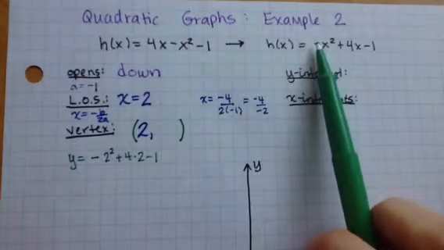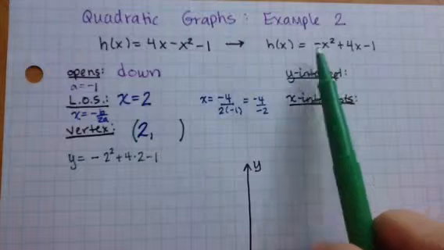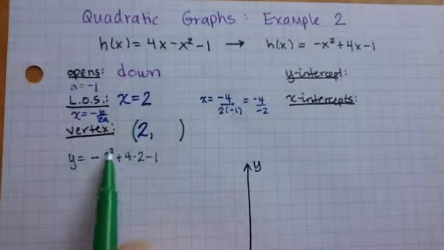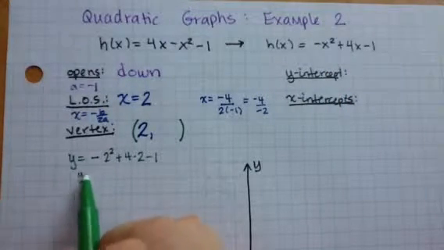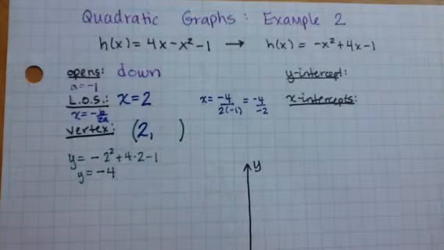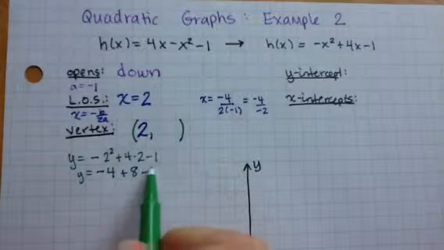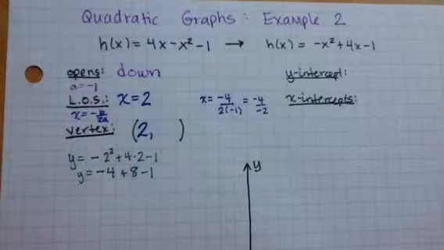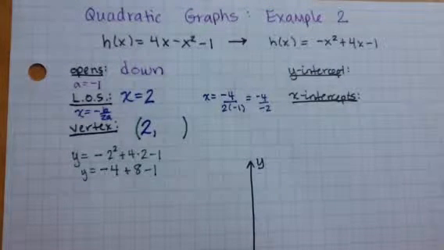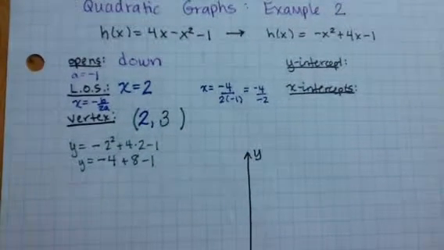This says the opposite of x squared, and we've got to do that squared first before we do the opposite. So I'm going to be doing 2 squared first, which will give me 4, and then make it the opposite, so it will be -4, plus the 4 times 2, which is 8, and then minus 1. So the y value will be -4 plus 8 is 4, and then 4 minus 1 is 3. So (2, 3) is the vertex.